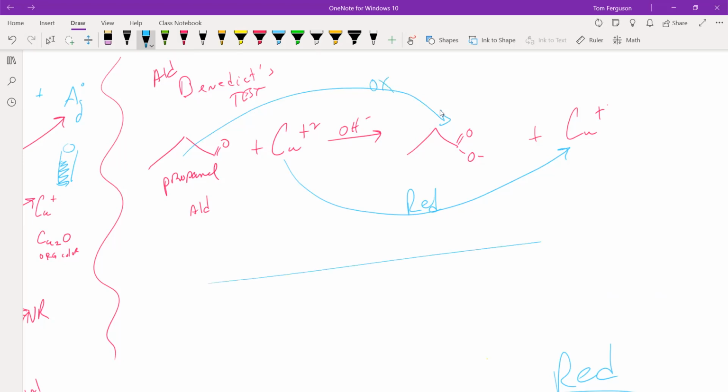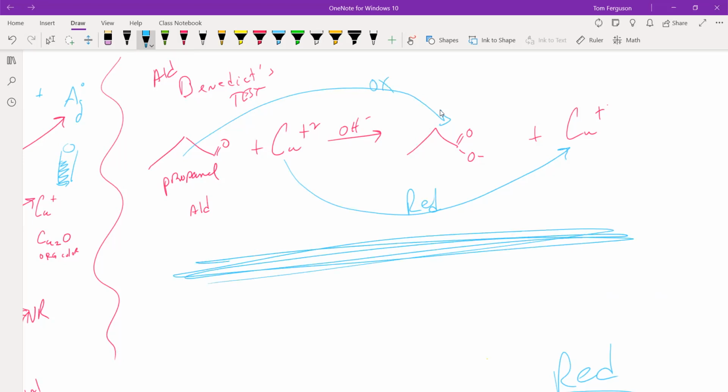Now, this reaction you should also be able to do using a simple aldehyde.